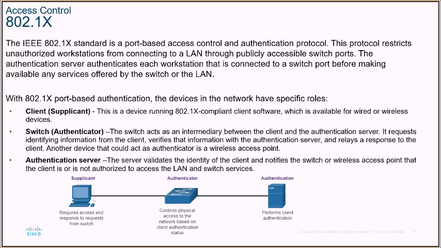It requests identifying information from the client, verifies that information with the authentication server, and relays a response to the client. Another device that could act as an authenticator is a wireless access point. And the authentication server validates the identity of the client and notifies the switch or wireless access point that the client is or is not authorized to access the LAN or switch services.